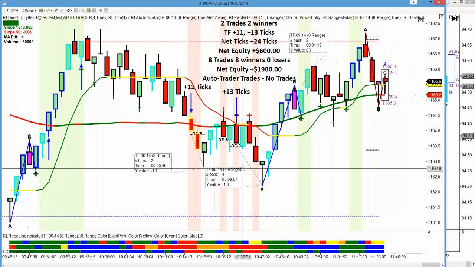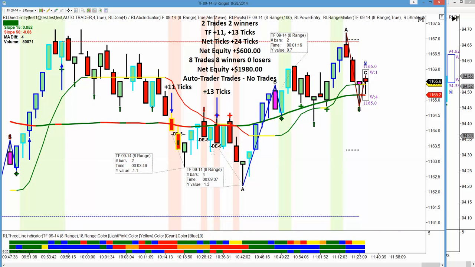2 targets. Then we had a move up, a retracement. Now I took this short right here.